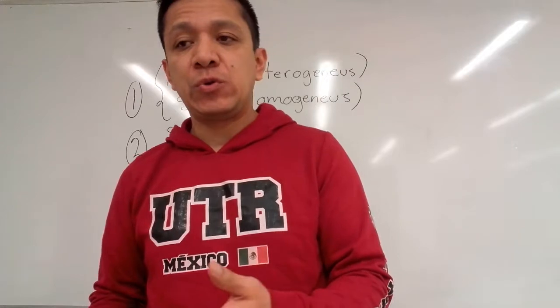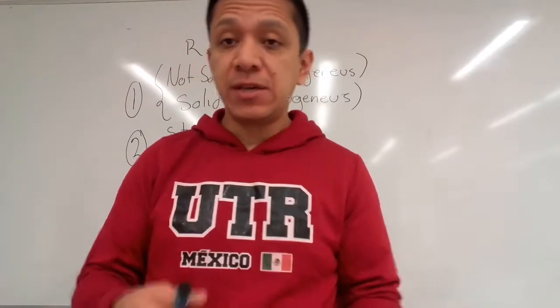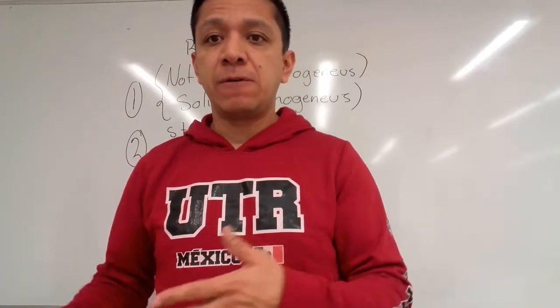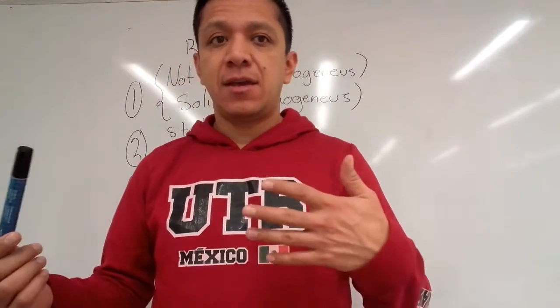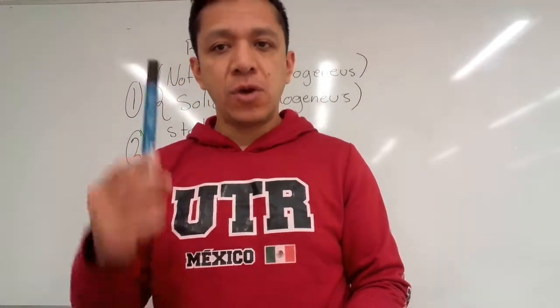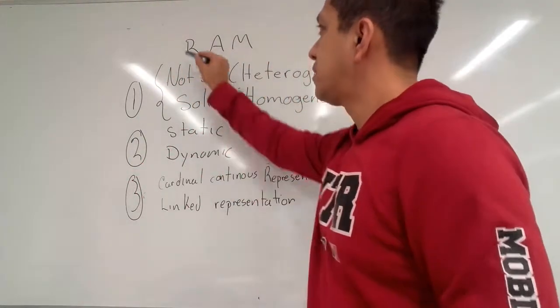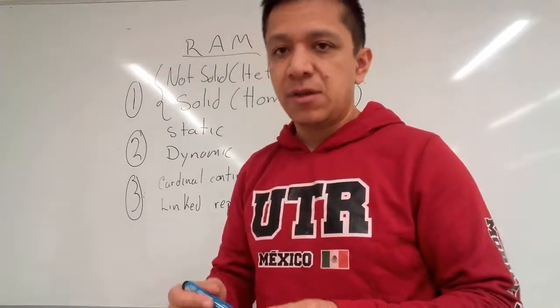Today we are going to verify how we can store our information or data in the machine, in the computer. We are going to use the random access machine for that.